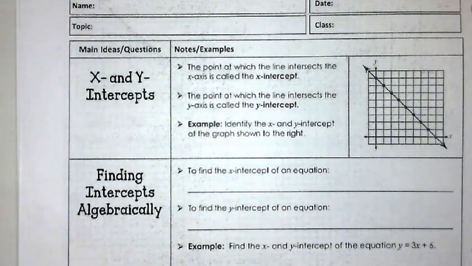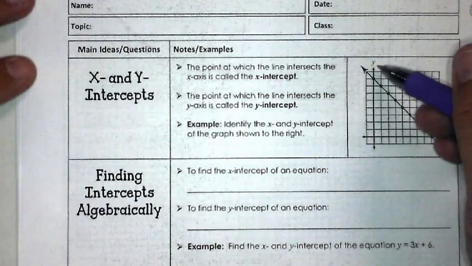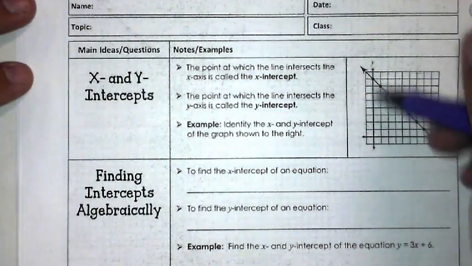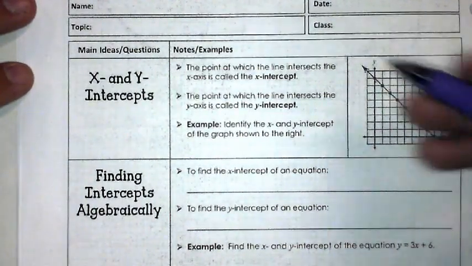X and Y intercepts. We have already talked about how to find the y-intercept when talking about slope-intercept form. The y-intercept is when the graph of the line crosses what axis? The y-axis.